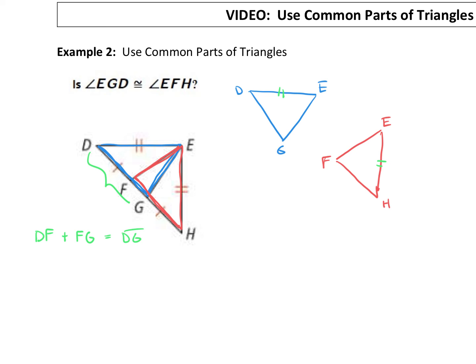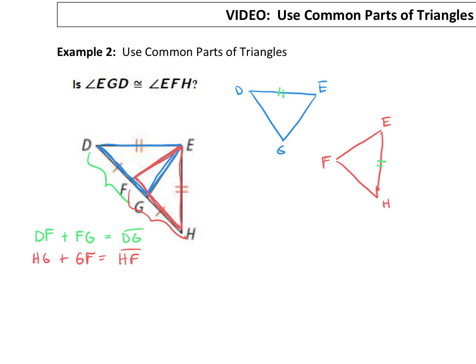All right, well, we also have in the other triangle, HG. So here's H to G plus G to F is equal to the whole thing HF. And HF is part of this triangle right here.